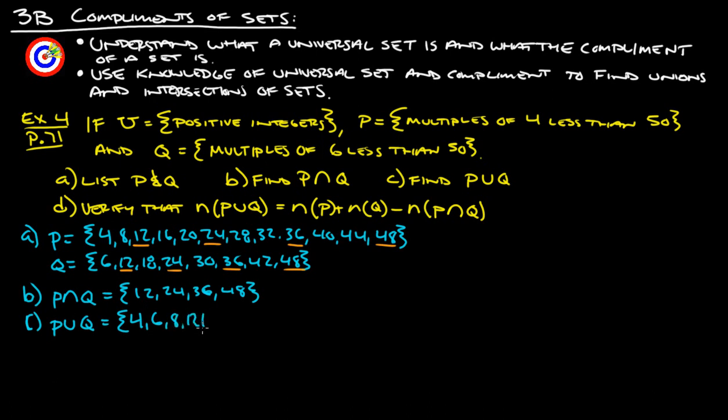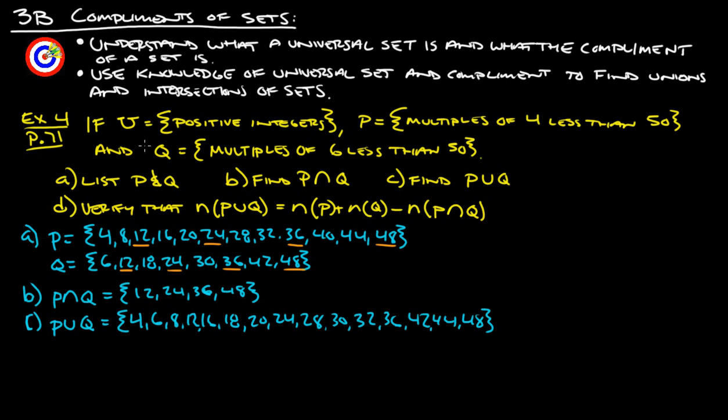So we got 4, 6, 8, 12, 16, 18, 20, 24. Let's see, that leaves us up here 28, 30, 32, 36, 42, 44, and 48. Alright, so that's all of them.